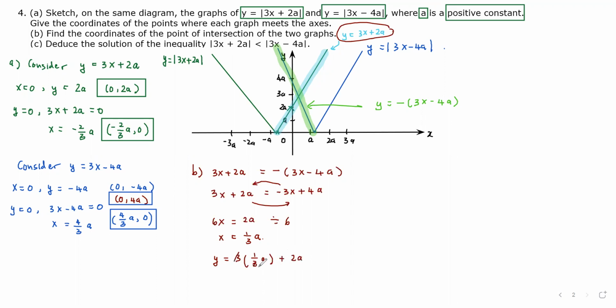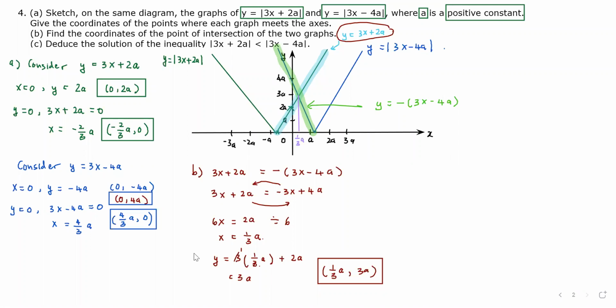So that becomes a plus 2a, and we have 3a. Then the point of intersection has coordinate 1/3 a and 3a. This point of intersection has x coordinate 1/3 a.